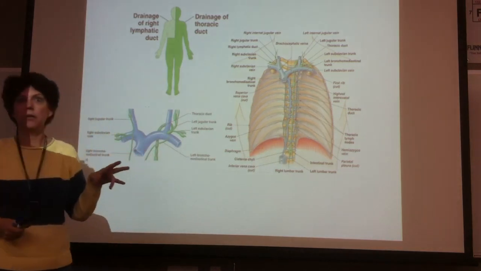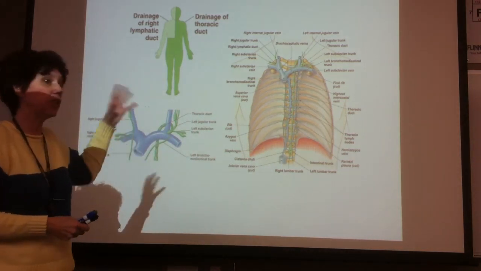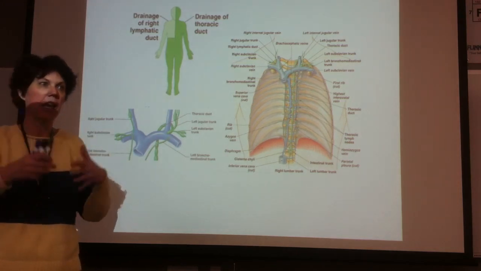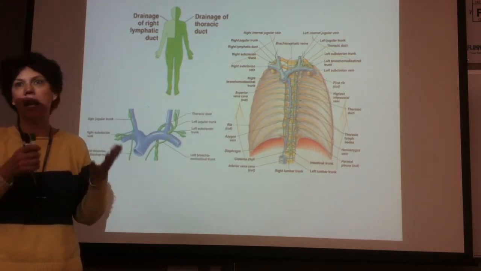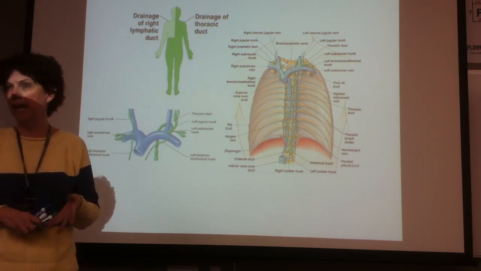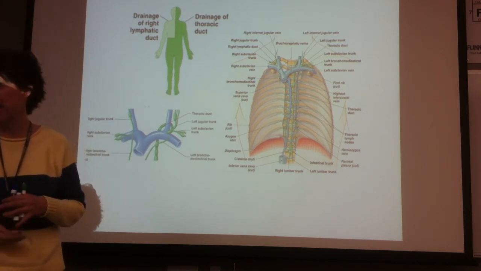On Tuesday, we'll start with the tissues. So we'll start with diffuse and then nodules and nodes and talk about their function at the beginning of Tuesday. We'll do our blood lab and immune system organ lab on that day.